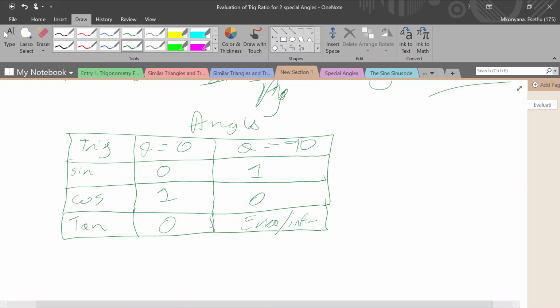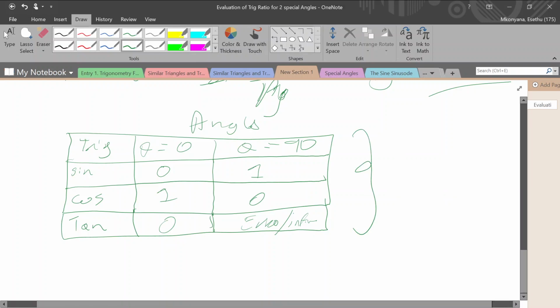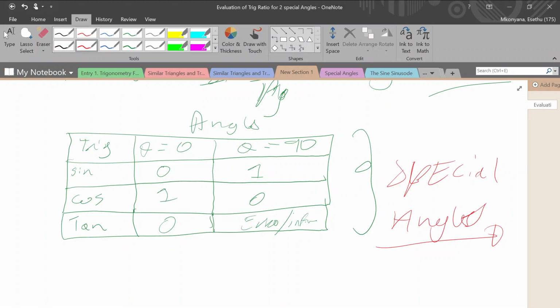This is now a table of two special angles. Now you'll see what we mean by special. You know, we have infinitely many angles that you can get in a triangle. They could be 61 by 29 and then 90.